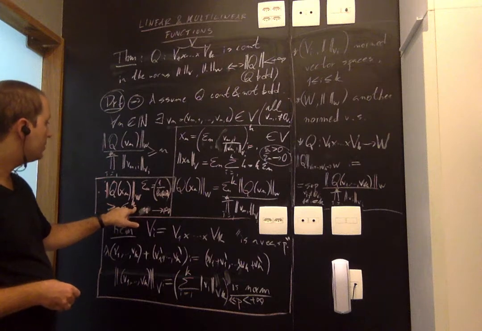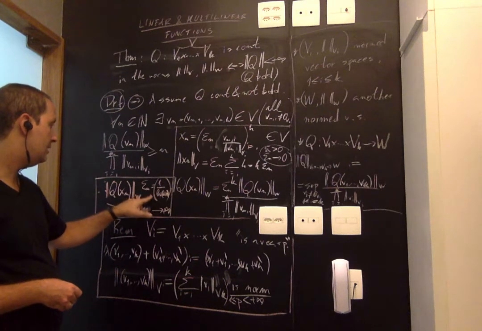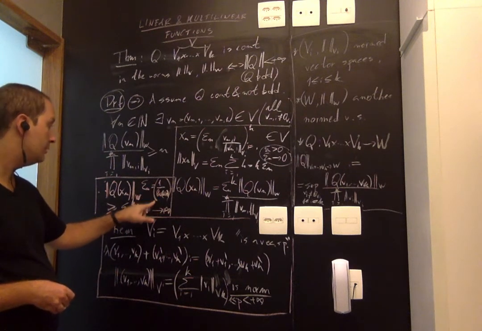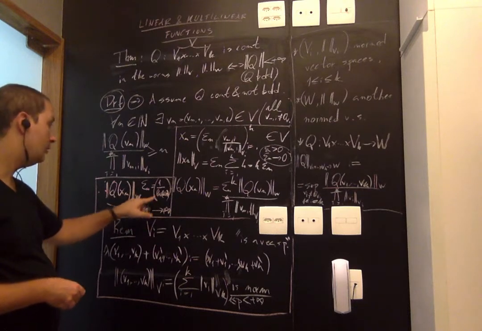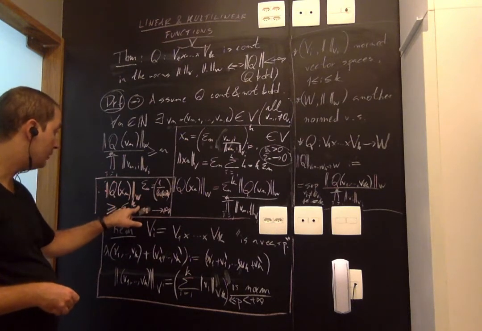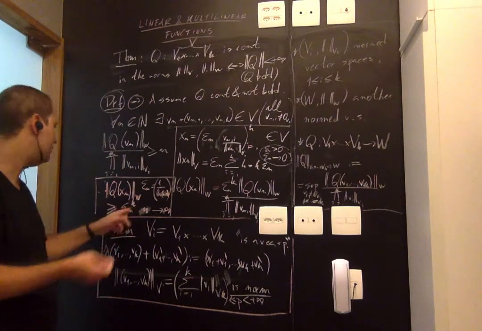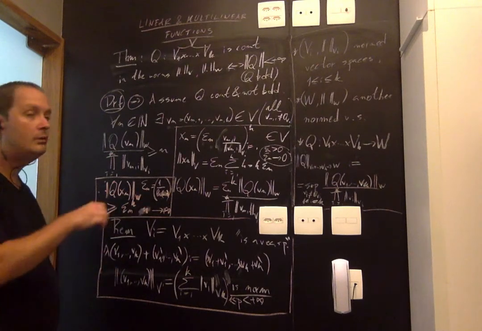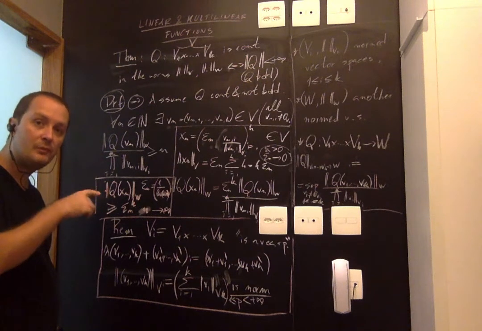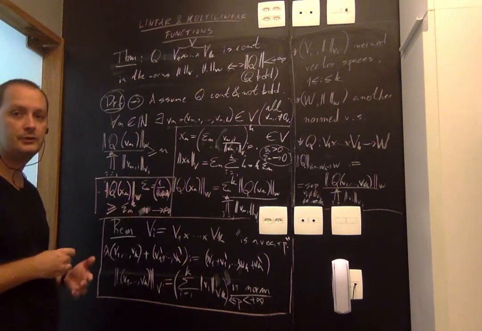But it goes to 0 slower than any power. Log grows slower than any power of n. So log of n to the k grows slower than n, and therefore this thing here is going to go to infinity. You can do many other things. You can take epsilon n to be 1 over n raised to some very small positive exponent, and that's also going to work.